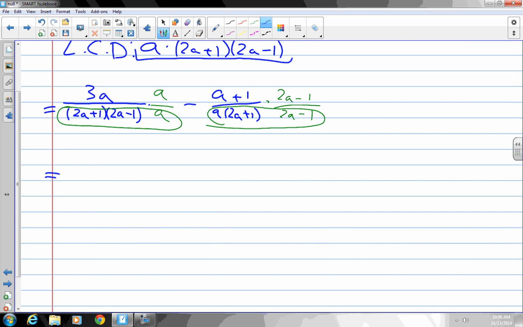So I'm just going to list the numerators. It's 3a times a, that's 3a squared, minus the product of a plus 1 and 2a minus 1. This is what we have at this point. We still have a subtraction to take care of.